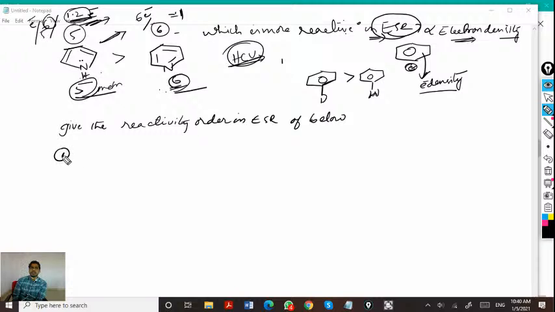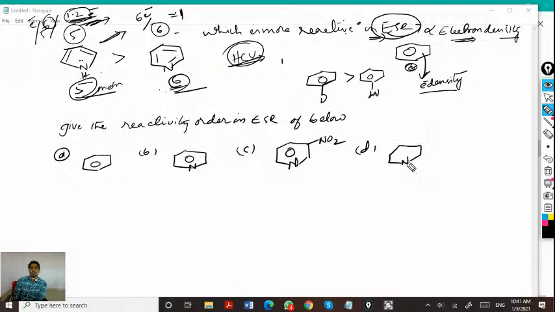Here I am giving A as benzene, B as pyridine, and C as pyridine with a withdrawing group, and D as pyrrole.